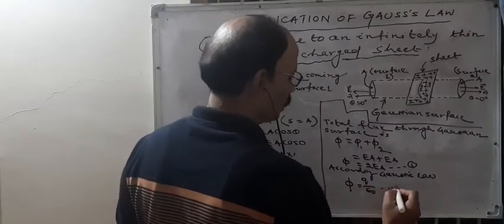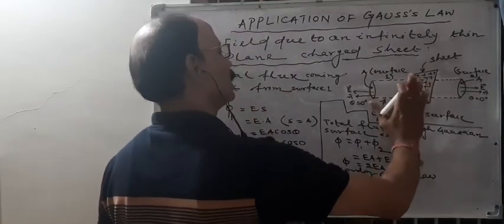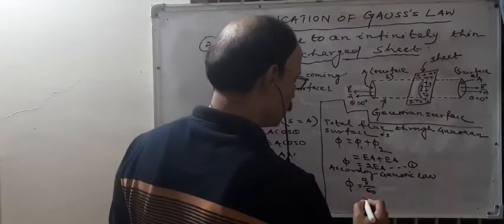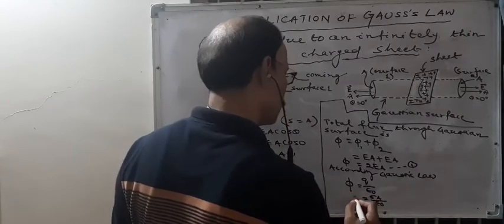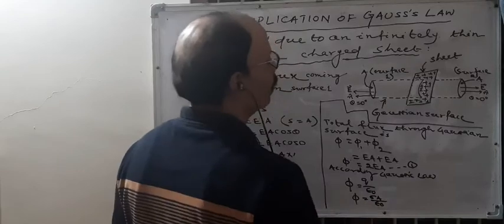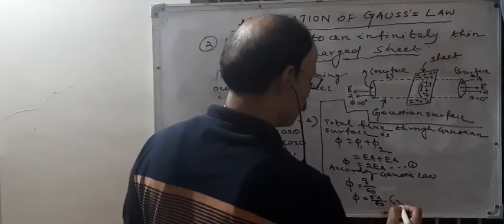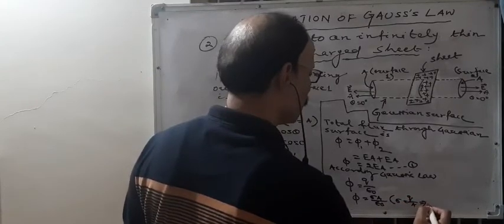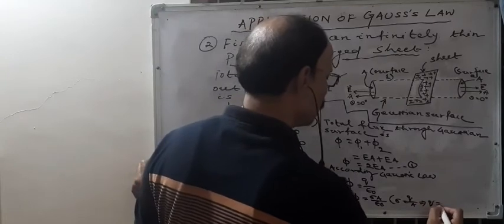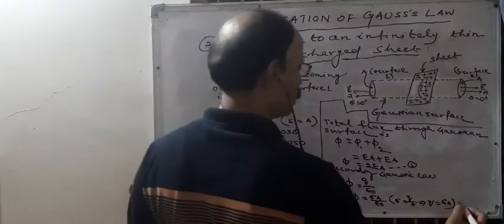Here Q is the total charge spread over this surface. So it will be equal to sigma A upon epsilon naught, that is phi. So why will it be sigma A? Because we know that surface density sigma is equal to Q upon A, so Q equal to sigma A. So it is equation 2.